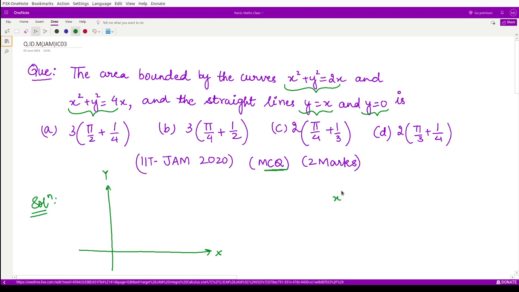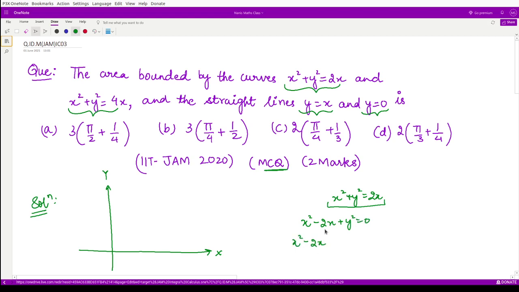this circle x square plus y square is equal to 2x, right? So we have this circle here having equation x square plus y square is equal to 2x. In order to see where this circle lies, you can complete the square of x here, so that it would become x square minus 2x.